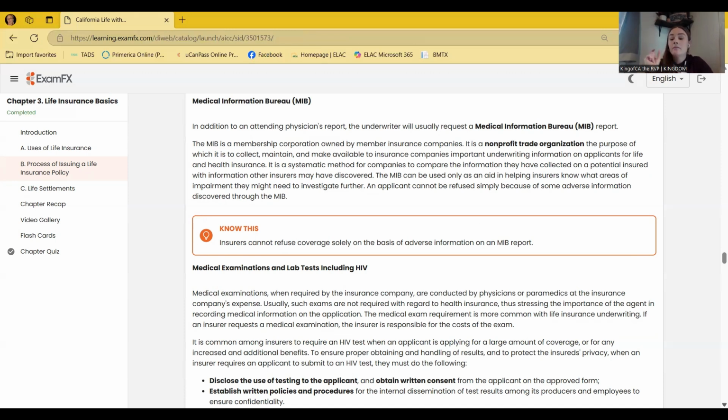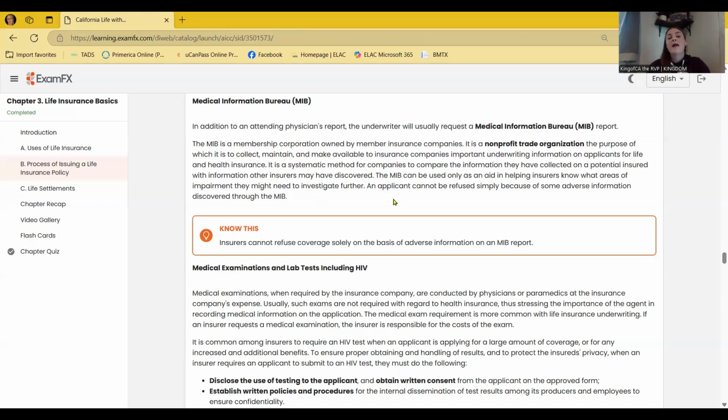It is a non-profit trade organization whose purpose is to collect, maintain, and make available to insurance companies important underwriting information on applicants when it comes to life and health insurance. It is a systematic method for insurance companies to share and compare information on the people who are applying.